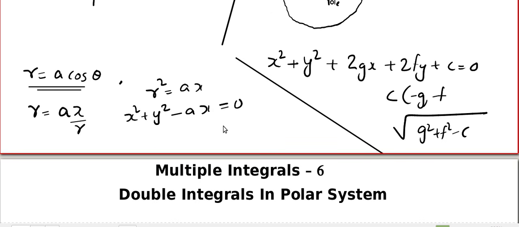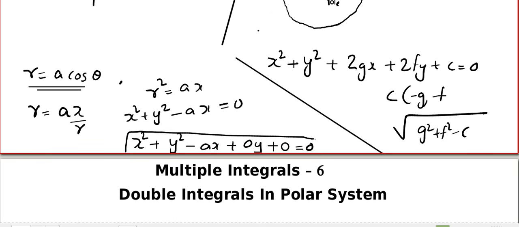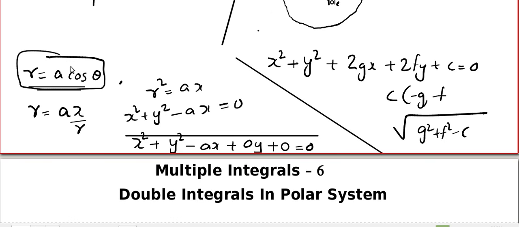Or x square plus y square minus ax plus 0y plus 0 equal to 0. See, it's a circle. So remember, in Cartesian language, the circle looks like this. In polar language, the circle looks like this. But remember, a circle will always be a circle, and the radius cannot change.